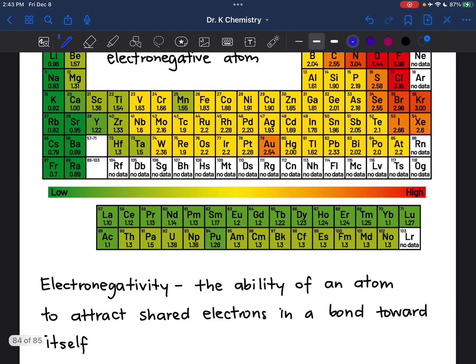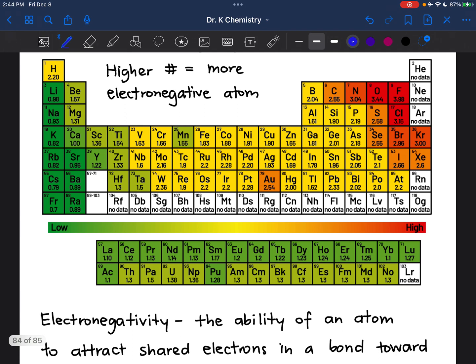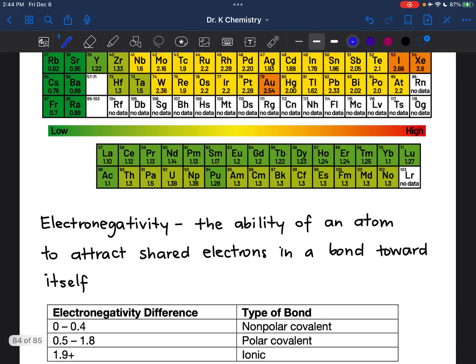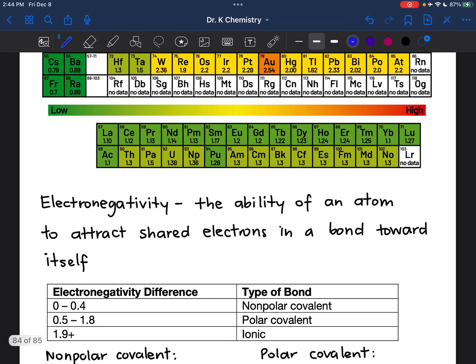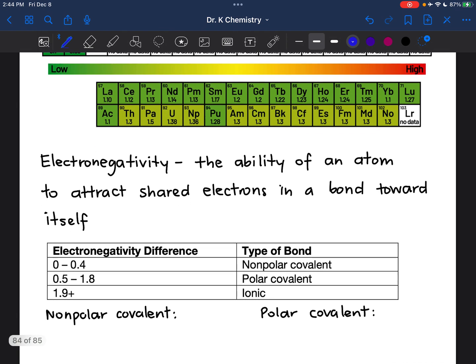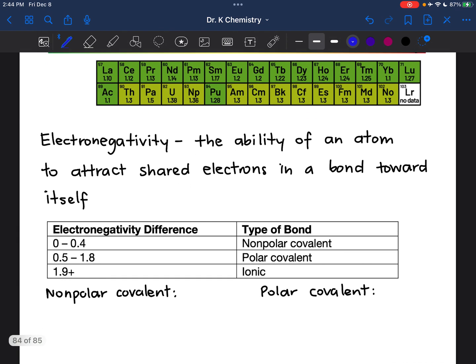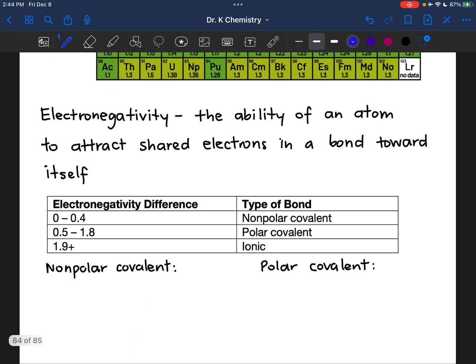Okay, so you're going to look at the electronegativity differences between two different atoms, and that will tell you whether that bond is polar or nonpolar. So you're going to calculate those differences. If that electronegativity difference is between 0 and 0.4, that would be a nonpolar covalent bond, which means that the electrons are being shared equally.